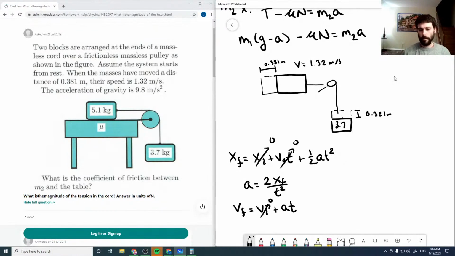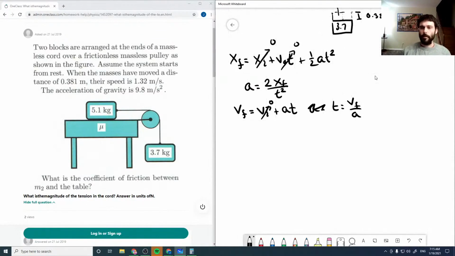Again, starting from rest, our time is Vf over A. And so we can plug this equation into this one to say that our acceleration is 2 times xf over (Vf over A) squared, which is 2xf A squared over Vf.